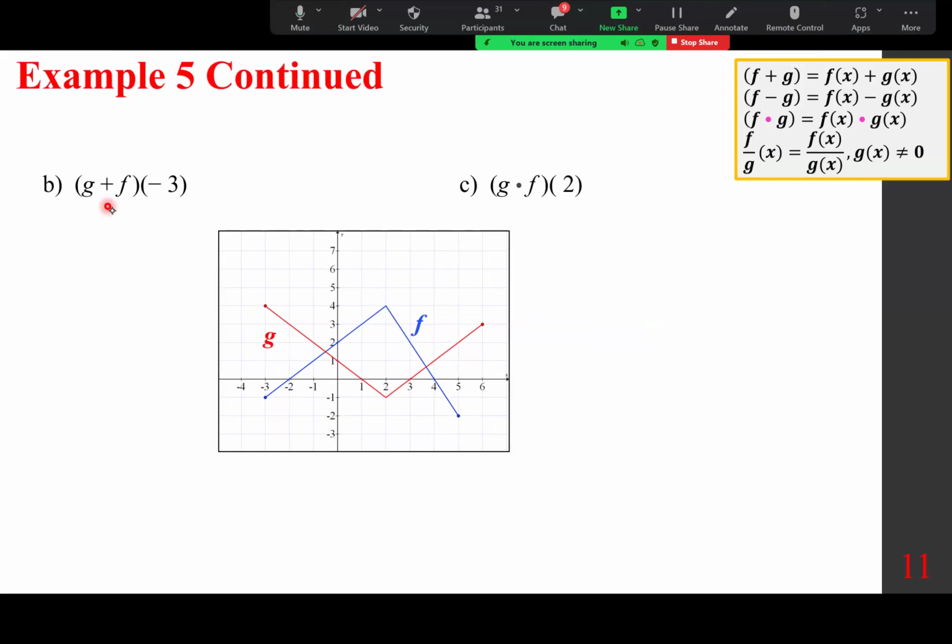We want the same graph, g plus f of negative 3. By definition, it means g of negative 3 minus f of negative 3. g is the red one.